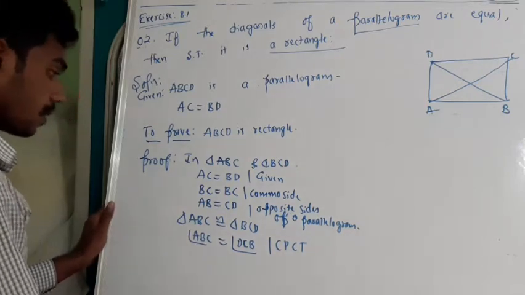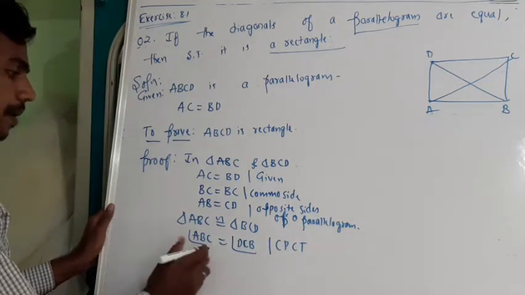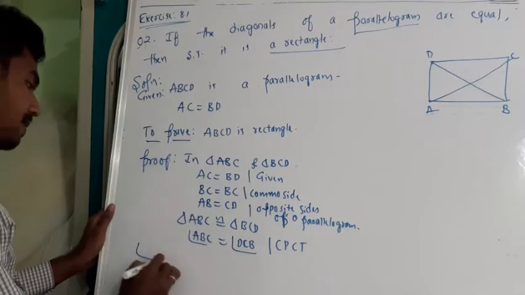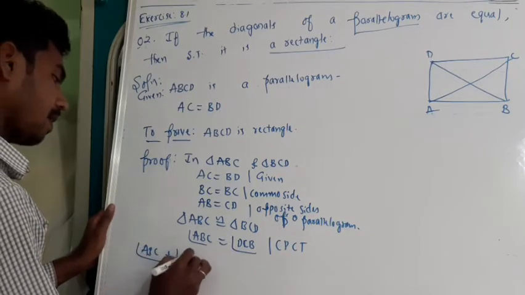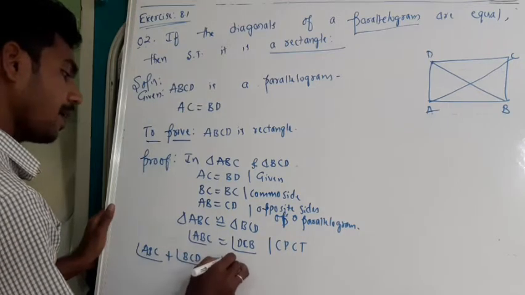Now, what can I write after this? Angle ABC plus angle BCD is equal to 180 degrees. Why?